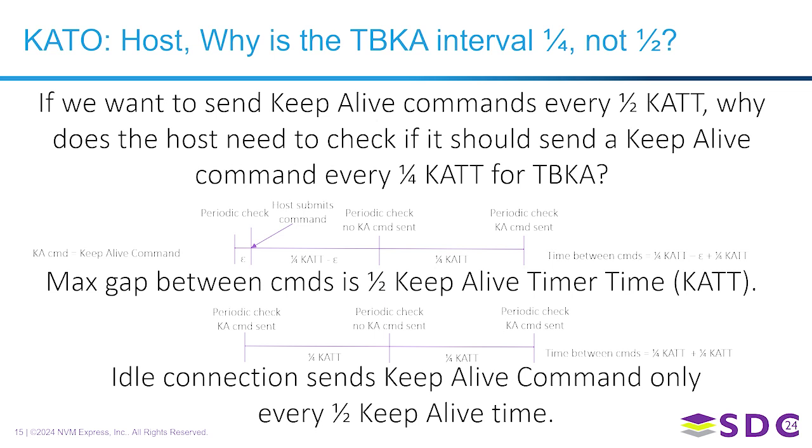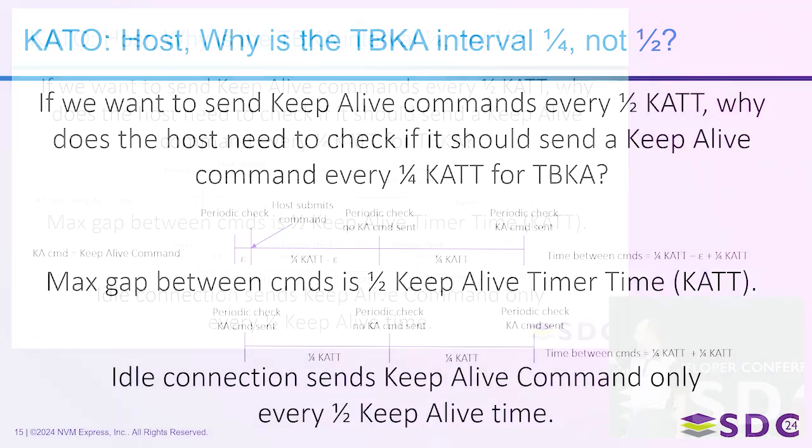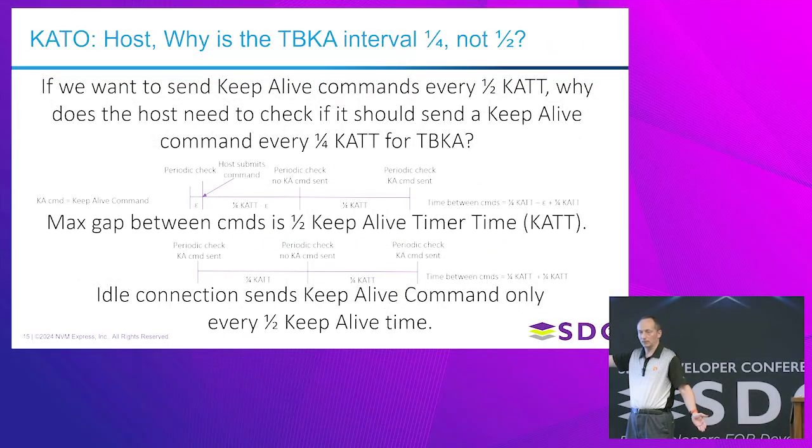But if it decides that it doesn't want to send a packet, it should check to see if it should send a packet at 1/4 time cap instead of 1/2 time cap. And the reason is because it will send the command and it will get a response arbitrarily close to the first check. And then the next check, it will skip sending a keep alive command because it had already sent a command. So the next check that it will actually send the command is the second one.